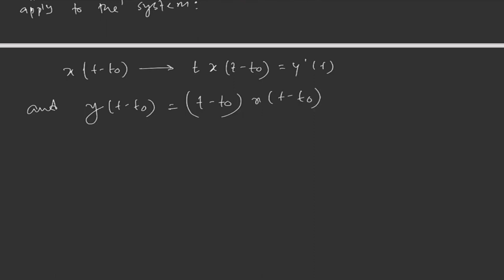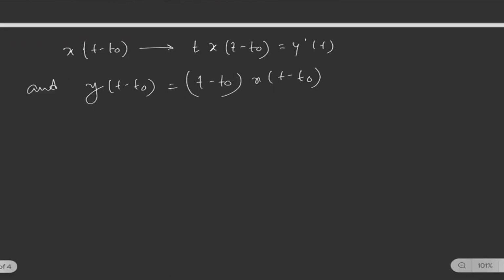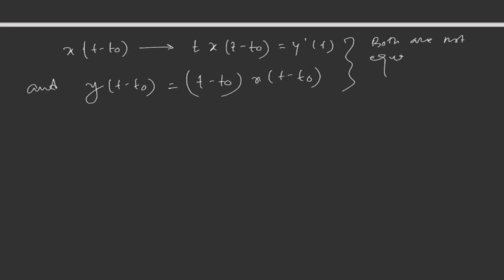If you notice here, you can check this through the blocks, what I've done in the testing of system time invariant or not. You can check in this block. This is exactly the same expression you'll be getting. So now from this, it is clear that both the outputs are not equal.